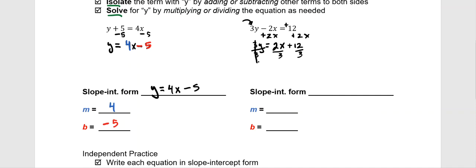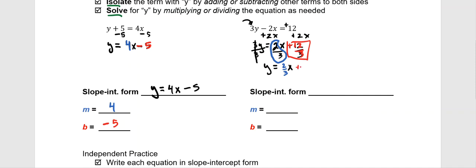In doing so, the 3's will cancel. I'll get my y fully isolated. And in the case here where it says 2x over 3, what we're going to do is to extract the 2 and the 3, and we're going to make that 2/3 as a fraction, which plays the coefficient of x. And then in the case of the positive 12 over 3, I'm going to simplify that.